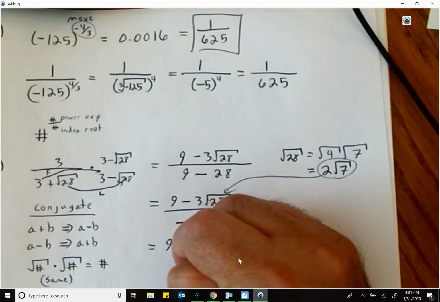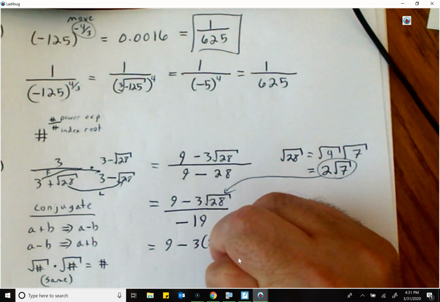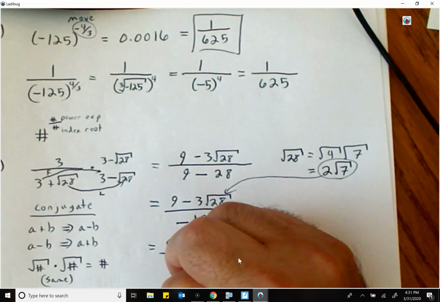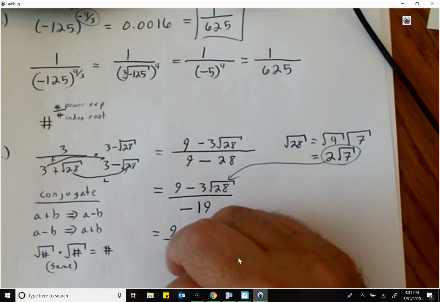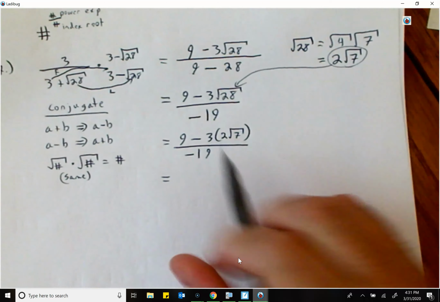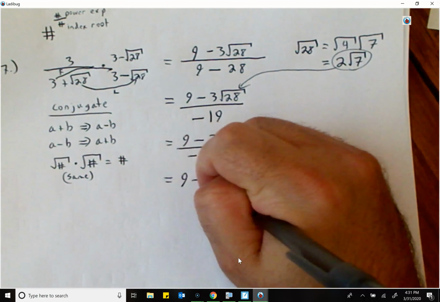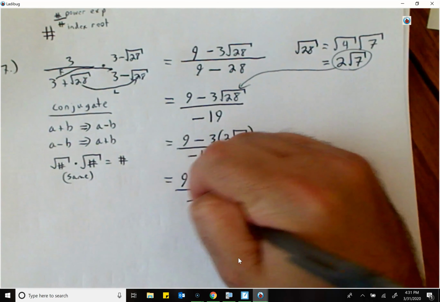So we got 9 minus 3 times 2 square roots of 7 all over, sorry, negative 19. Doing a little cleanup on top. What's 3 times 2? Well, that is 6 square roots of 7 all over negative 19.